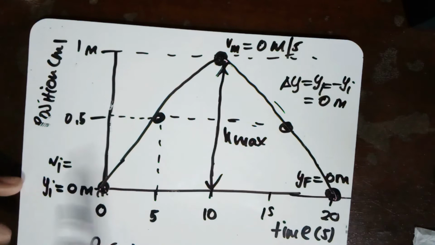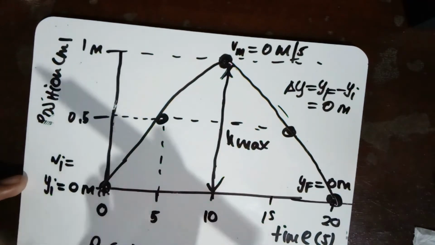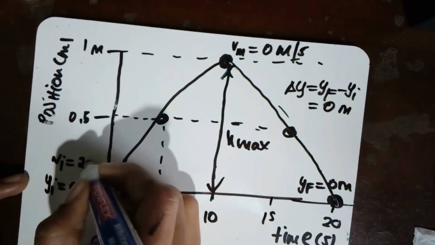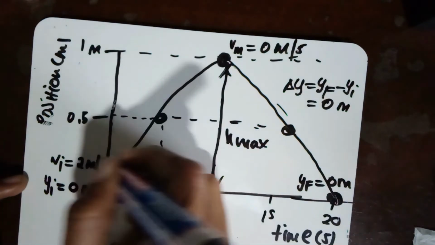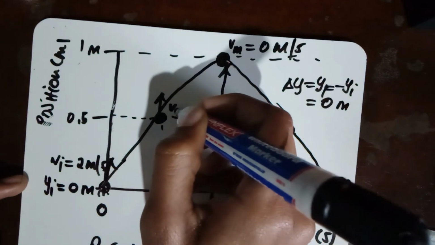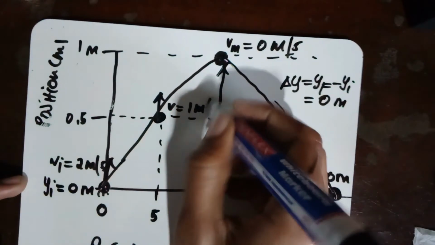So we said here maybe this projectile was launched at an initial velocity. Let's say it was launched at 2 meters per second. And then when it reaches here, remember its velocity is decreasing, it's going up. So maybe here V is about 1 meter per second.